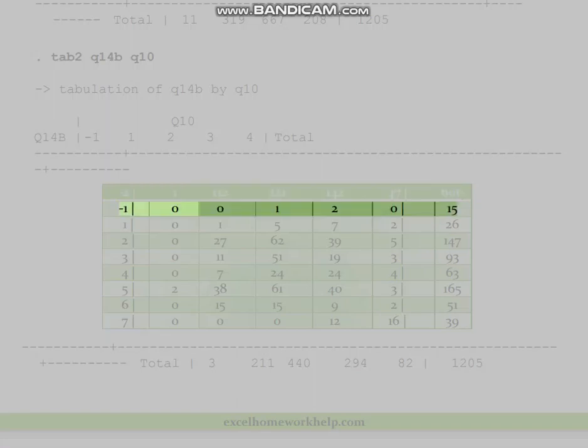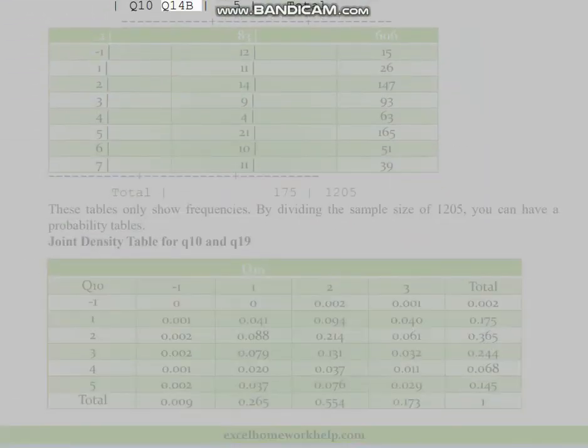Q10 Q14B, minus 1, 1, 2, 3, 4, 5, total.